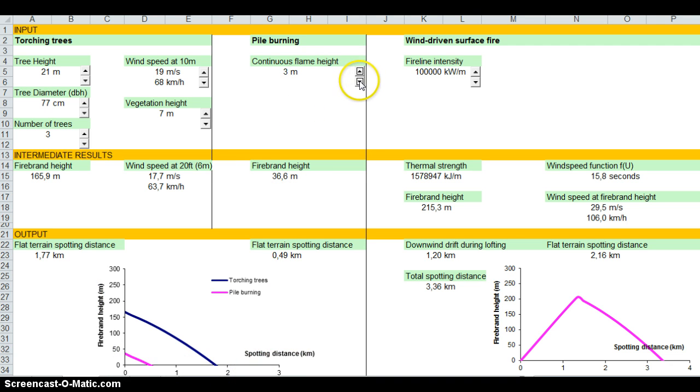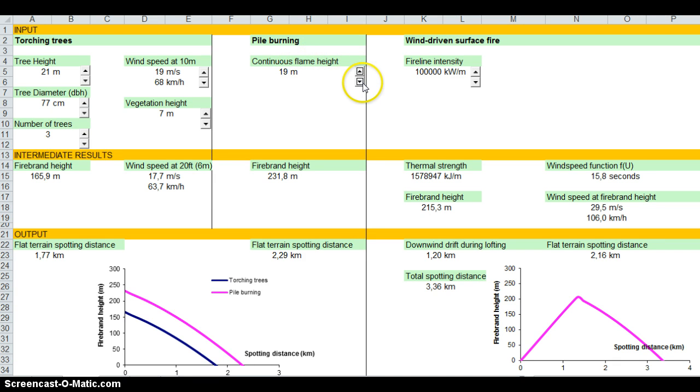And you can see the influence of flame height. And from here you can see that when you are talking about 19 meters continuous flame height, you can have 2.5 kilometers of distance traveled by firebrands.